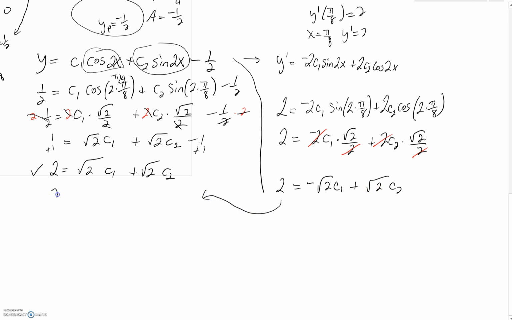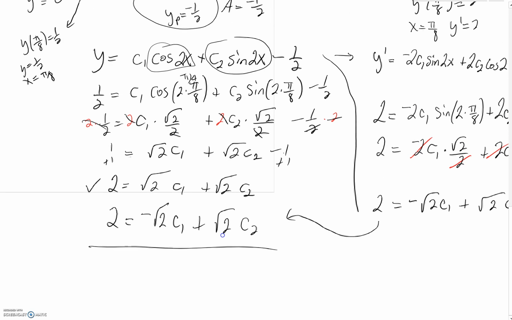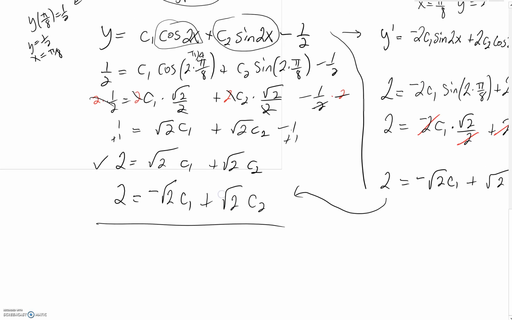I'm just going to recopy this equation right here, because you can see immediately what's about to happen. We can add these two together, and thankfully when we do that, we're going to get these terms to cancel out. 2 and 2 adds up to a 4, and this would be a 2 root 2 c2.